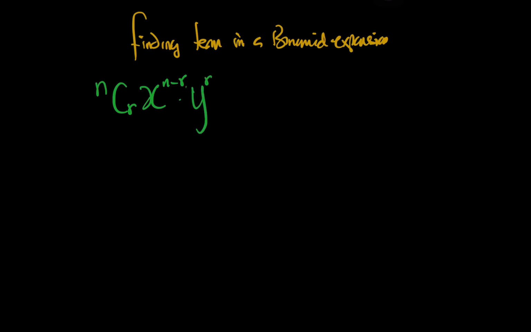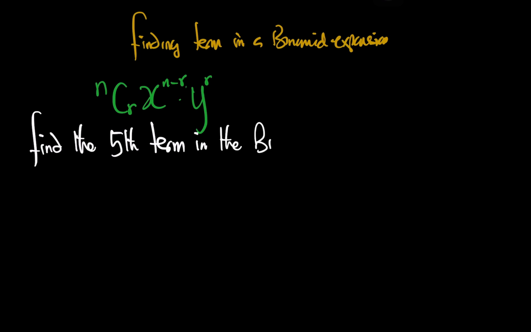So if a question says write down and simplify the fifth term, let's say the question says find the fifth term in the binomial expansion of 3 plus x to the power 7.